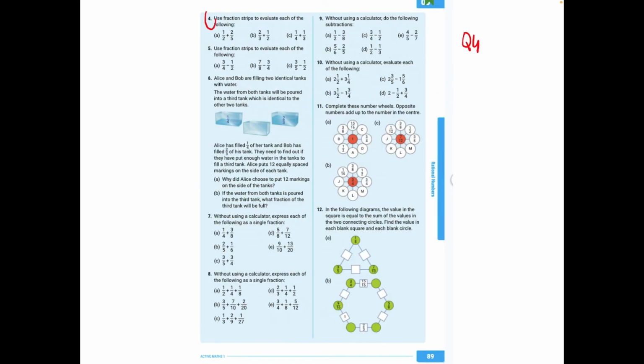Question 4. And question 7. Please note, in question 4, you may either use the fraction strips shown in the first example or add the fractions together by finding the equivalent fractions with a common denominator.